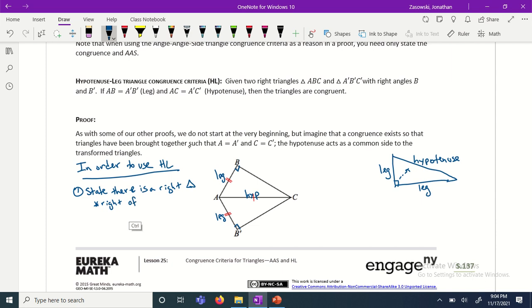The reason is just going to be that a triangle with a right or 90-degree angle is a right triangle. Or if you want to phrase it differently, say a right triangle has a 90-degree angle. It's up to you, one of those two things.